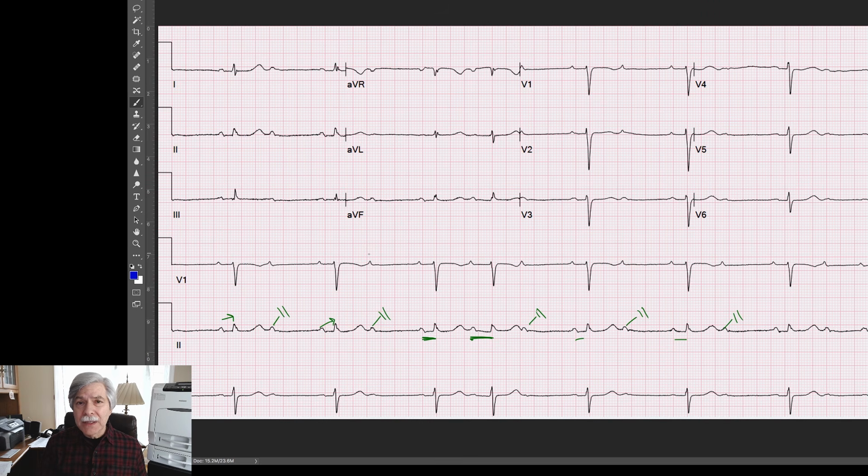And those are the patients that wind up with serious symptoms. So those are the patients who should get a permanent pacemaker, the ones with type 2.